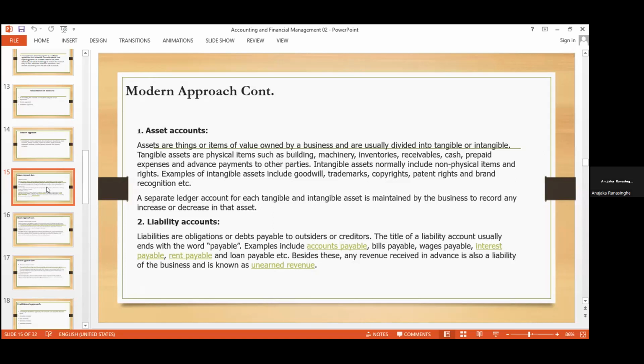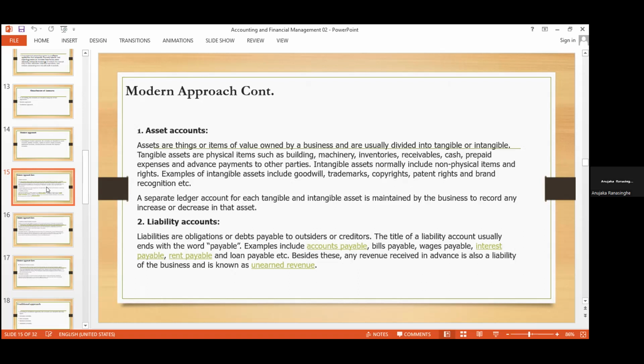Assets are all the vehicles, buildings, machineries in the company. In the modern approach, the company prepares separate asset accounts. This is the modern approach account.